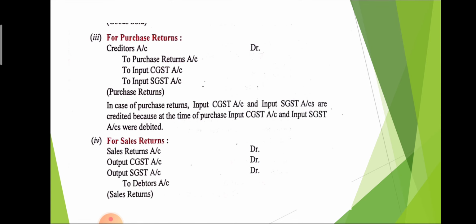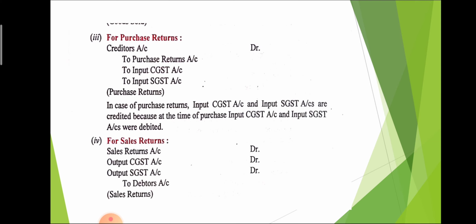For purchase return, it is the reverse case. It means that purchase is debited, so purchase return is credited. Where there is purchase, there is also input GST. So in this case, purchase is debited, so input is also debited. Purchase return is credited, so in that case input CGST and input SGST both are credited because purchase return is credited.